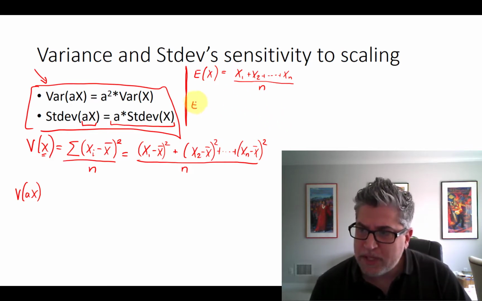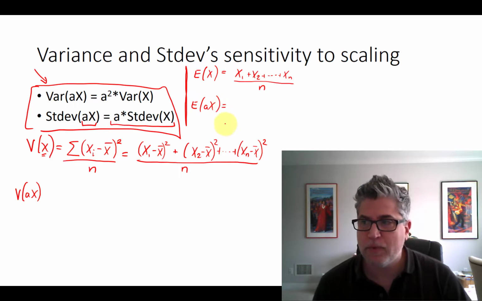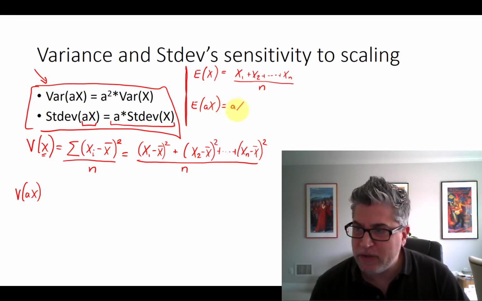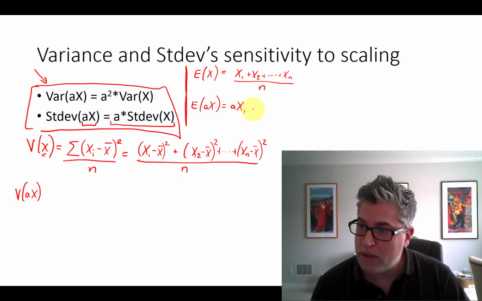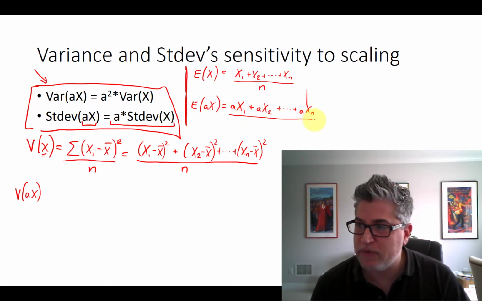So what happens if I were to rescale all of those x's? Then I would have my rescaled first observation plus my rescaled second observation all the way through to my very last, now nicely rescaled observation.